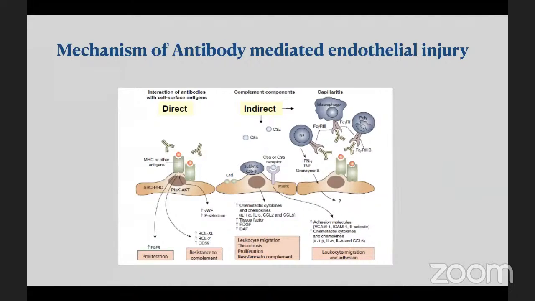What are the mechanisms by which the antibody mediates the endothelial injury? It could be a direct attack on the endothelium, causing increased proliferation of the endothelium and increased resistance to the complement. The indirect mechanism is by activation of complement. The other mechanisms include activation of the macrophages, the natural killer cells, and polymorphs, which eventually leads to leukocyte migration. That's what you see on the biopsy, which is glomerulitis and capillaritis.